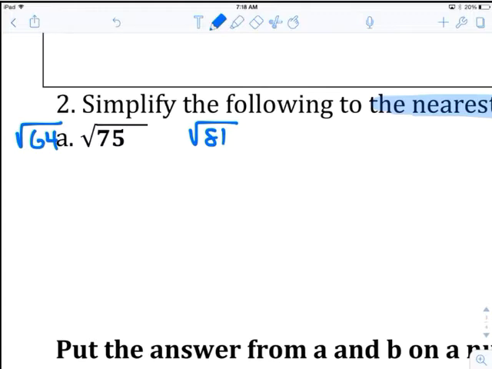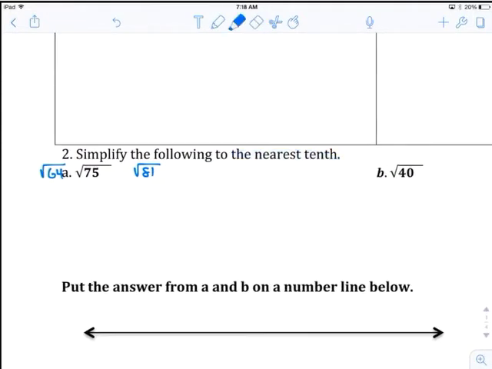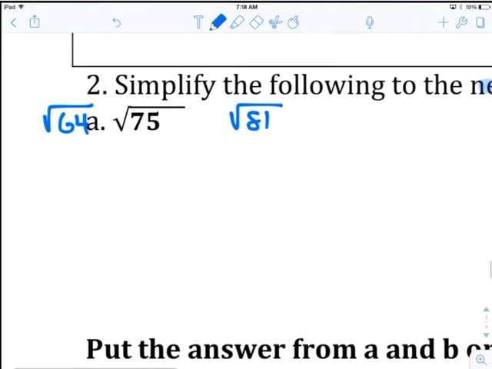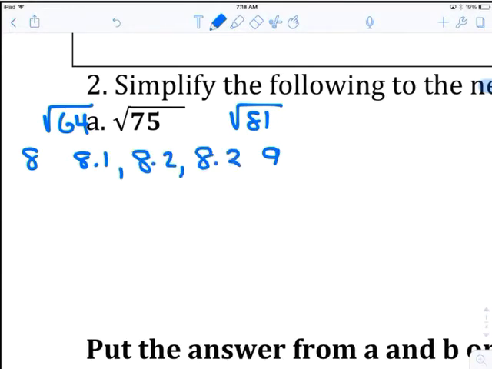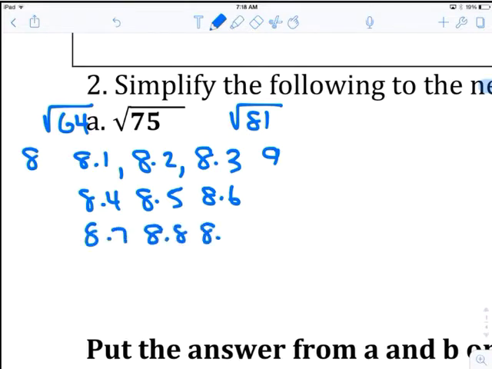The numbers between 8 and 9 to the nearest tenth are 8.1, 8.2, 8.3, 8.4, 8.5, 8.6, 8.7, 8.8, and 8.9.